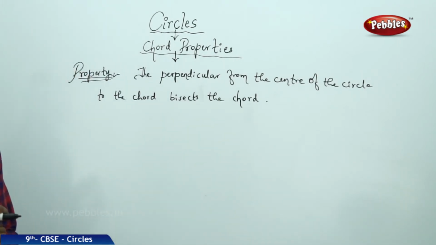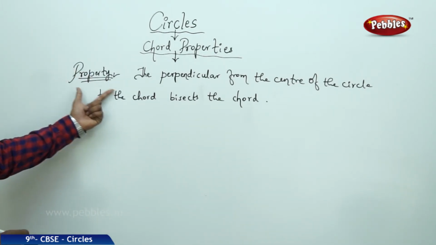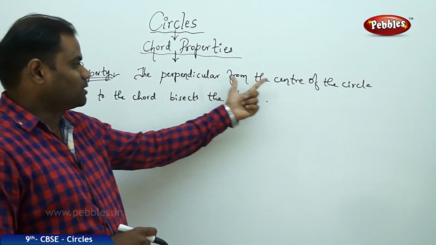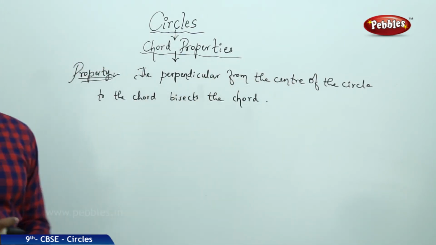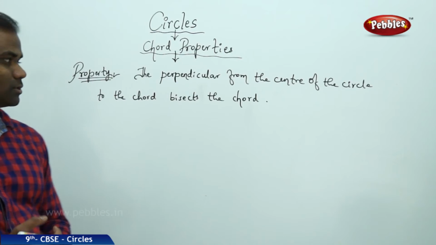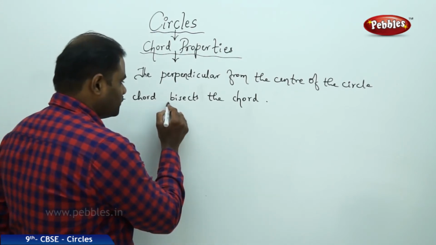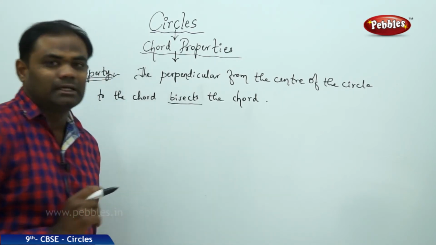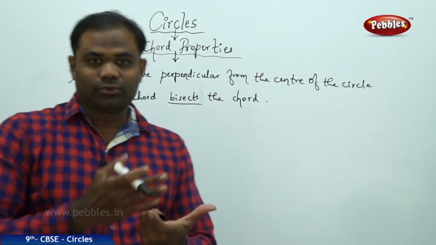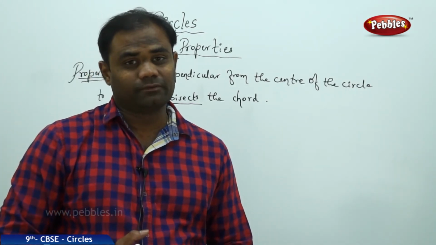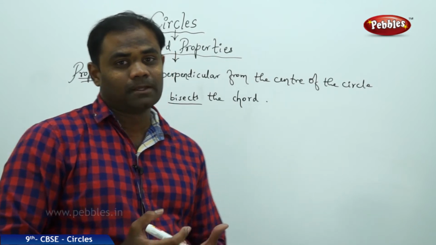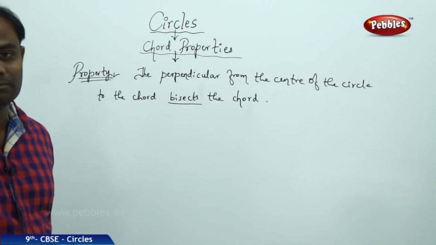Is how we understand the property. The property says the perpendicular from the center of the circle up to the chord bisects the chord. So this is one interesting property which is identified in investigating a chord through its perpendicular distance, which is passing through circle. So let's see how it bisects the chord.